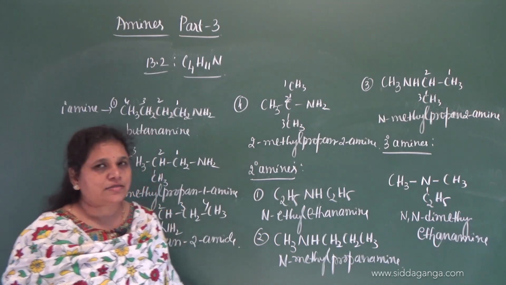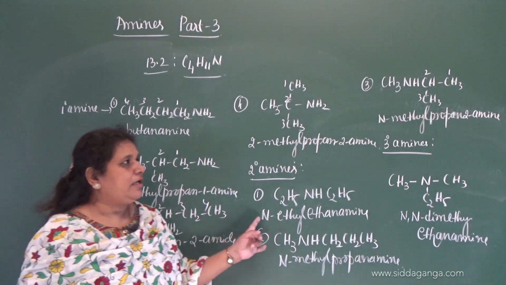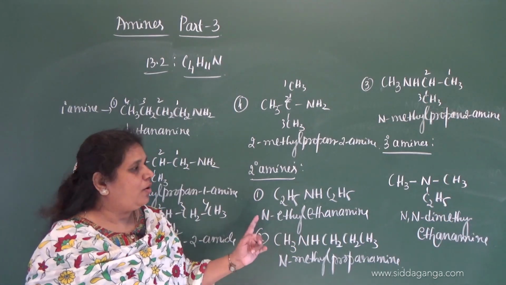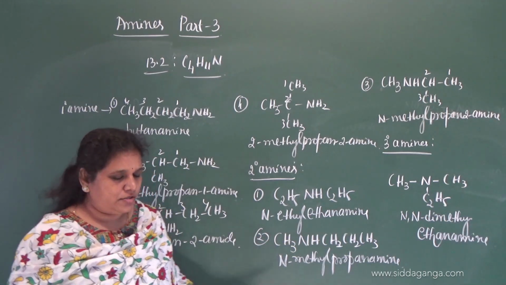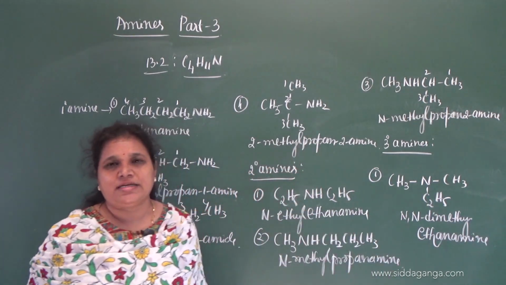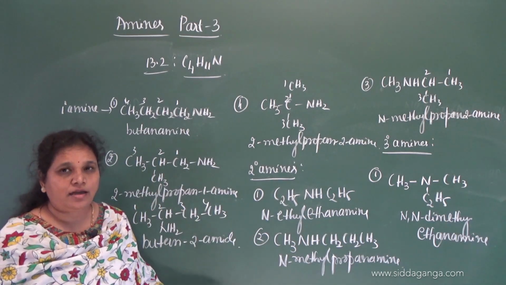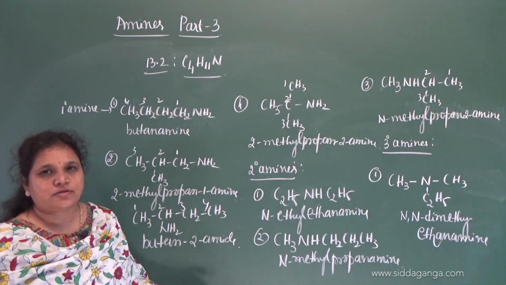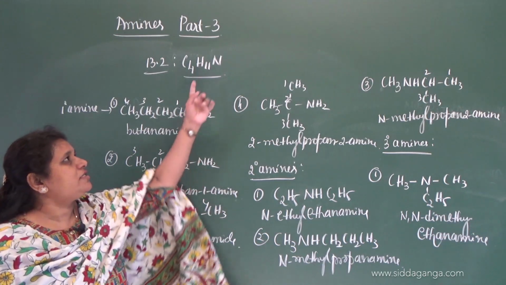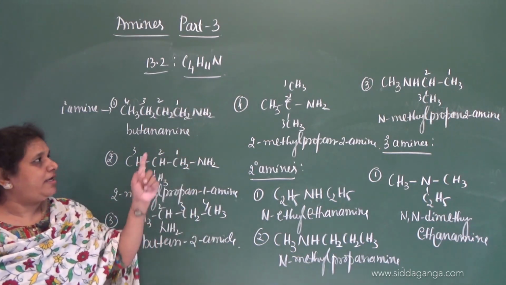So total isomers: 4 primary, 3 secondary, and 1 tertiary. So for the given formula C4H11N, we can write 8 isomers.